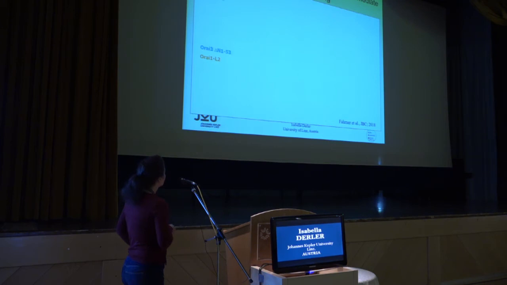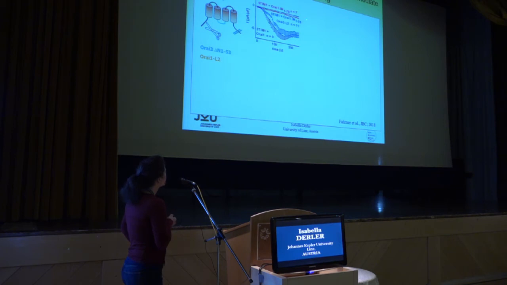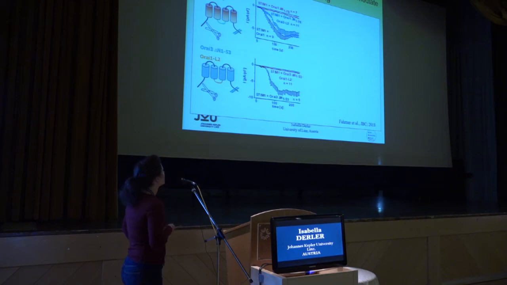And you see here, the ORA1 deletion mutant shows loss of function, but when you add the ORA3 loop 2, you get again enhancement of function. The same is true for the ORA3 mutant: when you add the ORA1 loop 2, you get loss of function. And what is the reason for this?